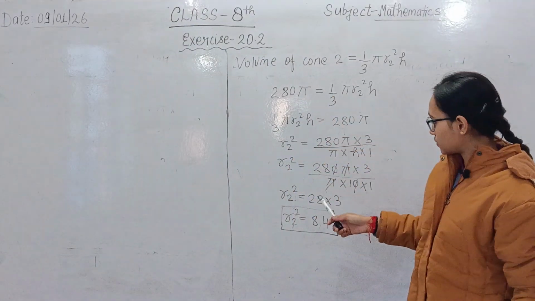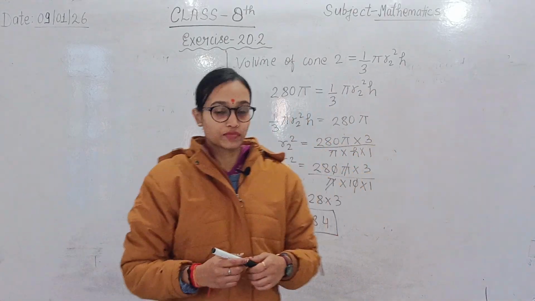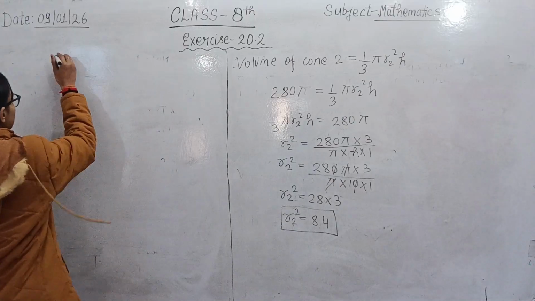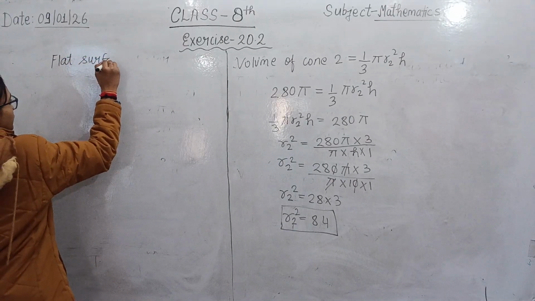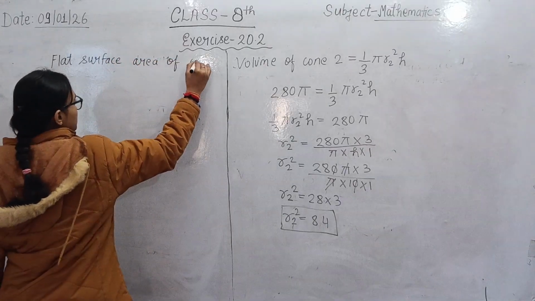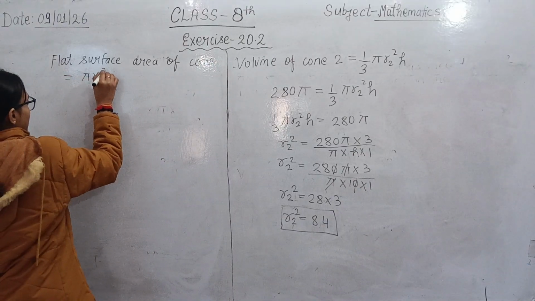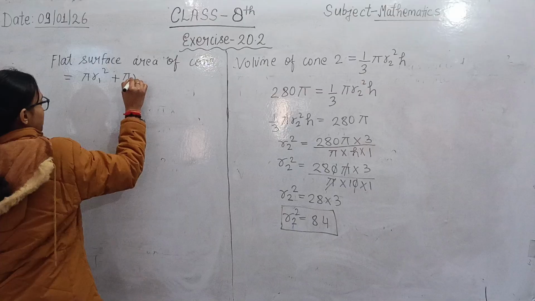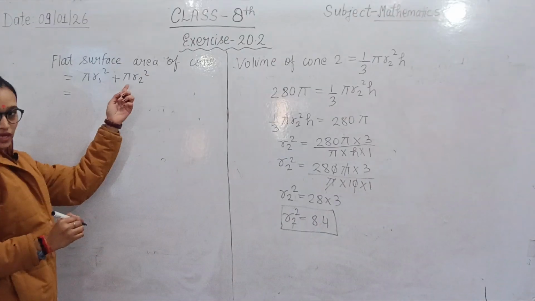Now we have calculated the value of r1 square and r2 square. Now we will calculate the value of flat surface area of cone. So flat surface area of cone is given by pi r1 square plus pi r2 square. In this, we can take pi as common.